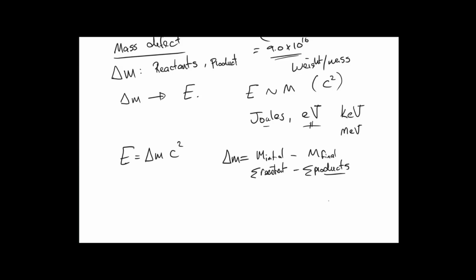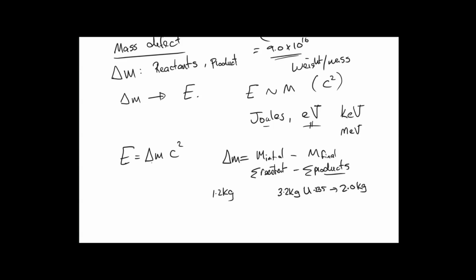So if the change was, let's say, 1.2 kilograms, which is going to be a lot of energy. We started with 3.2 kilograms of uranium 235, and we ended up with 2.0 kilograms of uranium 235.